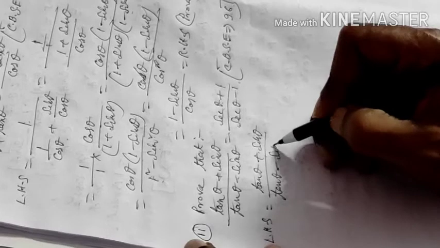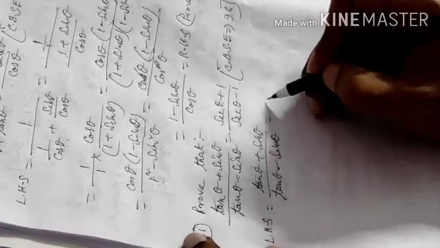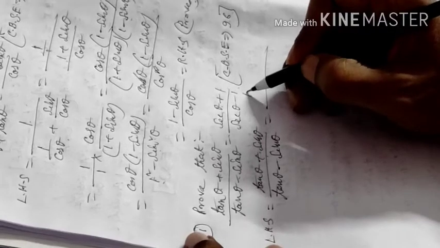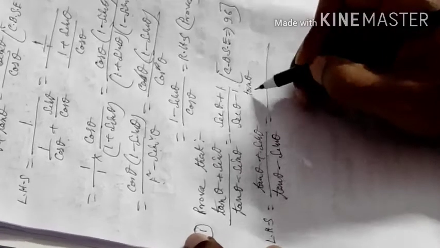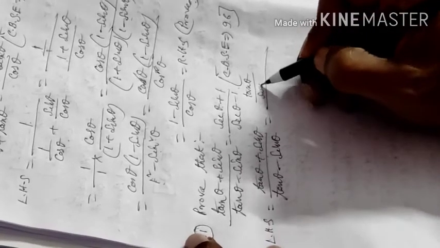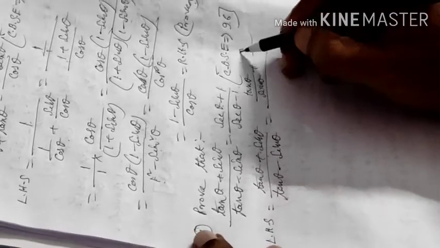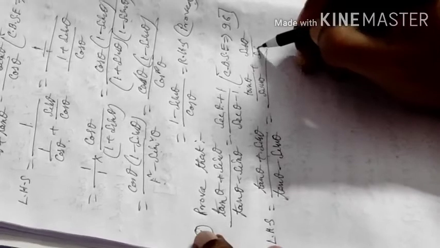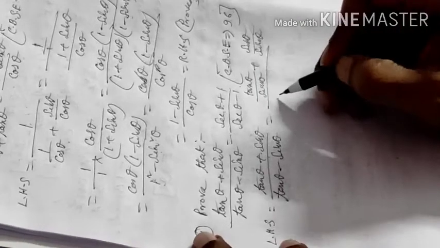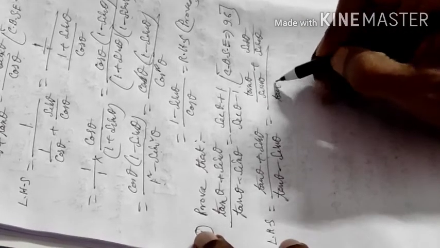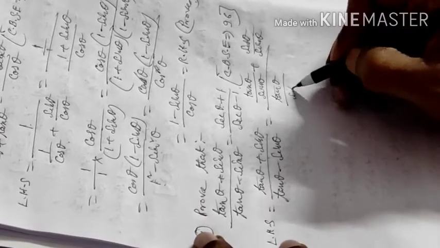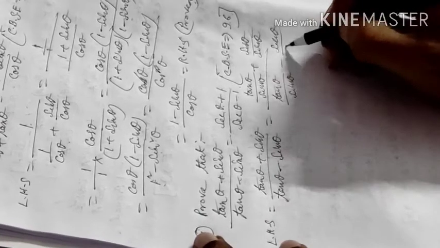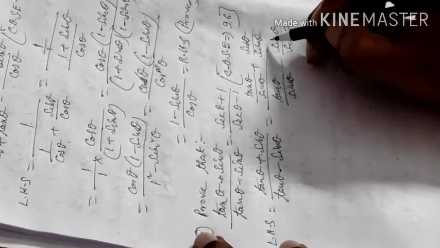So dividing numerator and denominator by sin theta: tan theta by sin theta plus sin theta by sin theta, and tan theta by sin theta minus sin theta by sin theta.